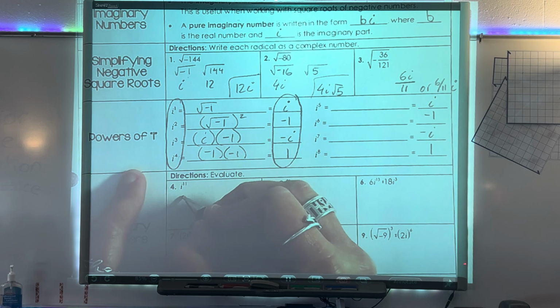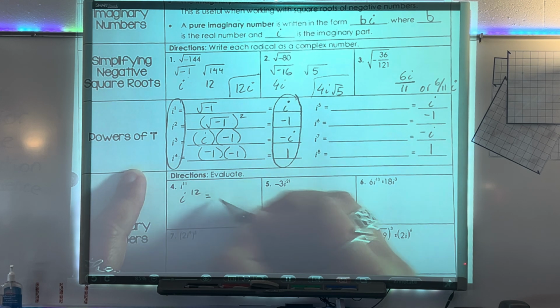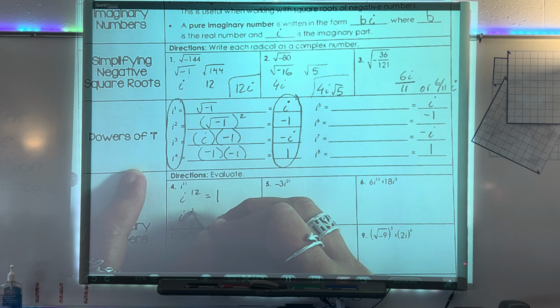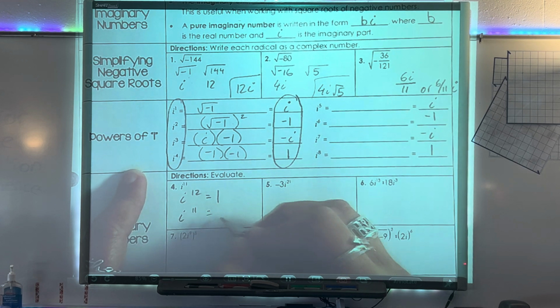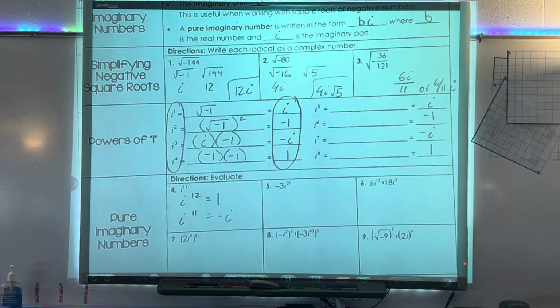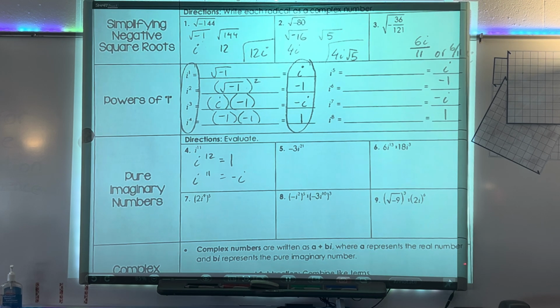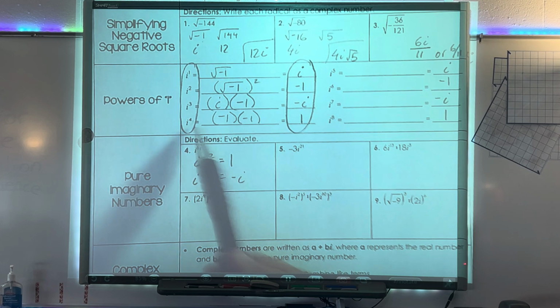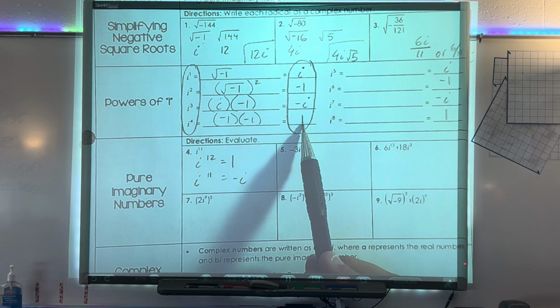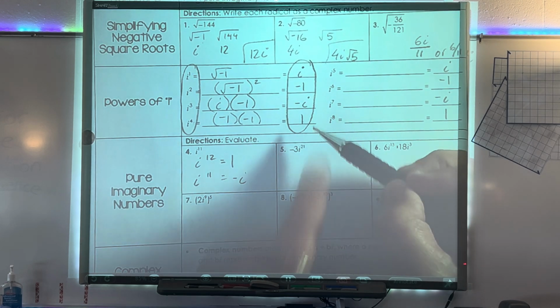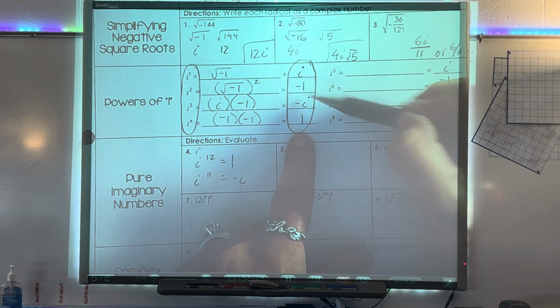So if i to the 12th is equal to 1, then i to the 11th would be back one step, it has to be -i. I just go back a step. So I'm gonna find one that's close, I usually use the 4, it's easy for me. And then I go forward or backwards from there. If I go to 8, I would say, okay, i to the 8th is 1, and then 11 is 3 more, so then I would be at 1, i, -1, -i, and it would still get me there.